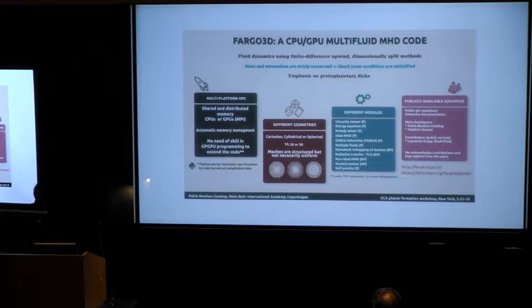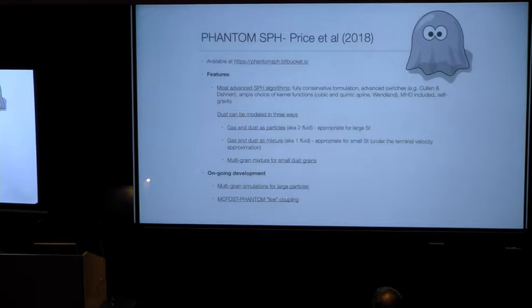I think next we have Phantom, and Giuseppe agreed to say a little bit about that. Phantom is an SPH code, essentially meshless. There is no mesh, and in terms of the gas dynamics, it has really the most advanced SPH algorithms.